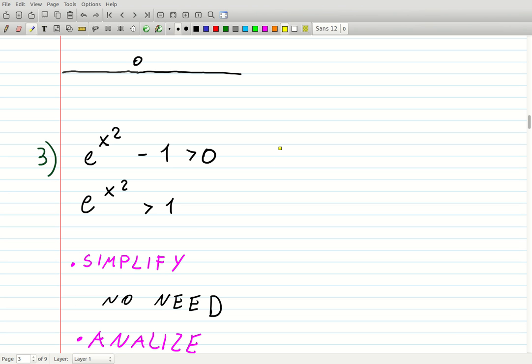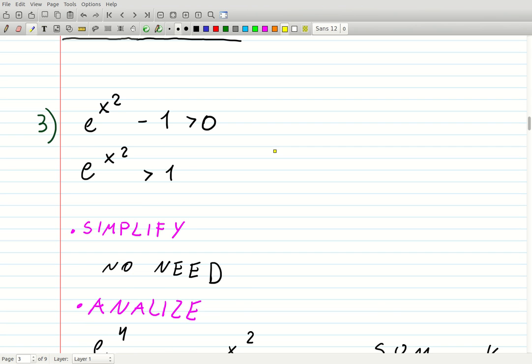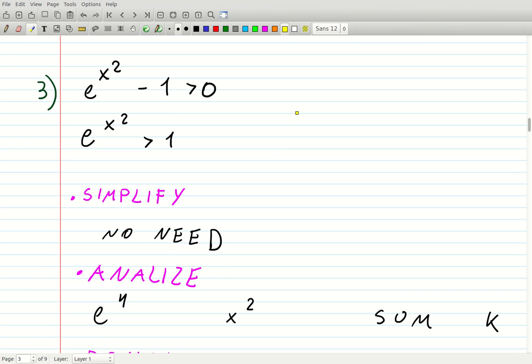Okay, now let's get into something a little more difficult, a little more challenging. e to x squared minus 1 greater than 0. That means we have to look for which values of x will make our function e to x squared greater than 1.